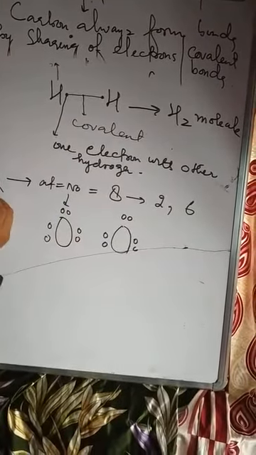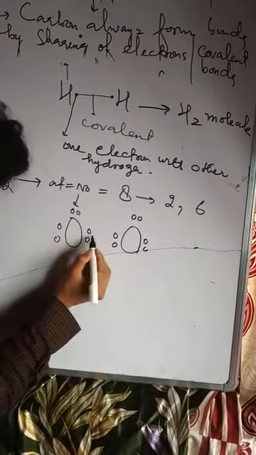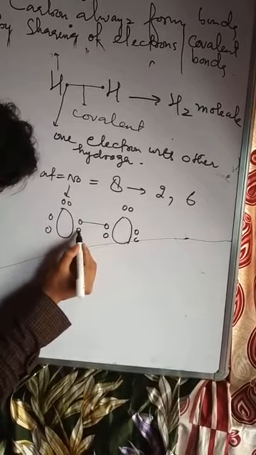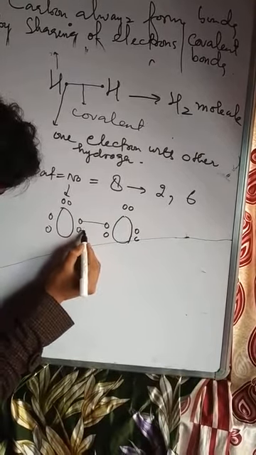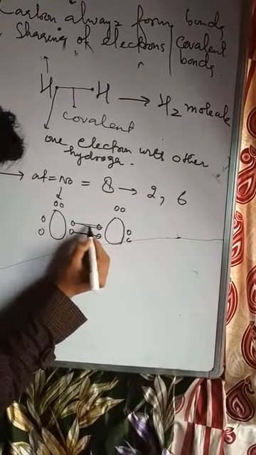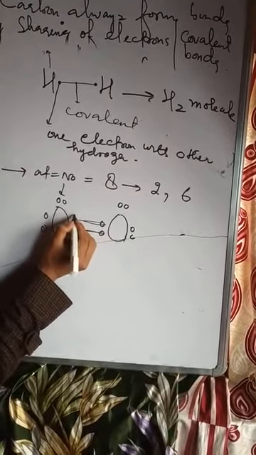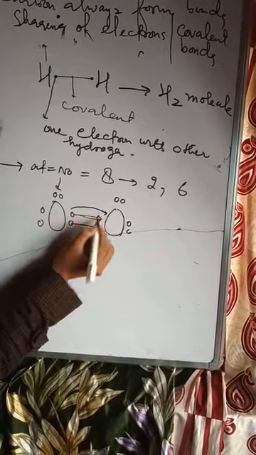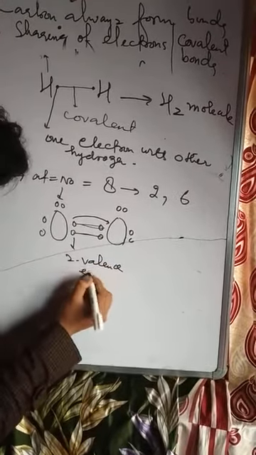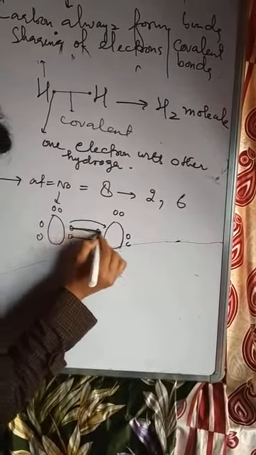Now, as far as this oxygen is concerned, this will share this electron with this oxygen, and this electron will get shared with this oxygen. That means as far as this oxygen is concerned, there is sharing of only 2 valence electrons by forming 2 chemical bonds.